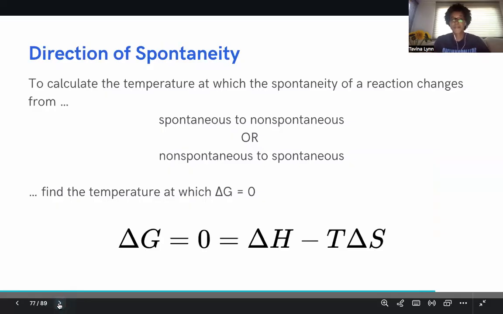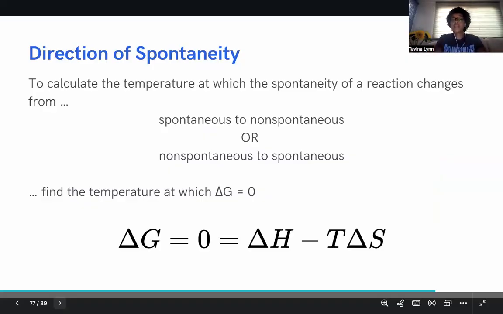All right. So let's say that a problem asks you to calculate the temperature at which the spontaneity of a reaction changes, whether it goes from spontaneous to non-spontaneous or non-spontaneous to spontaneous. And in this case, we are given the change in enthalpy and the change in entropy.